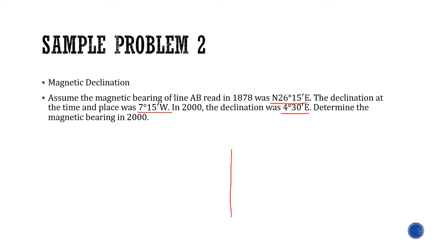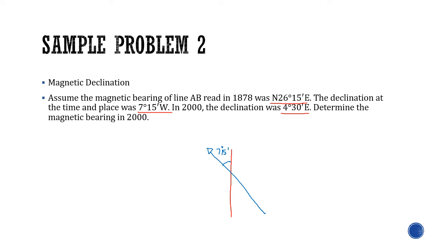If this is the true, in the old times, class, this is the magnetic. Sorry, it is the other way around. Right, sorry, I saw it wrong. And it is west, west. So, this is 7 degrees 15 minutes west.